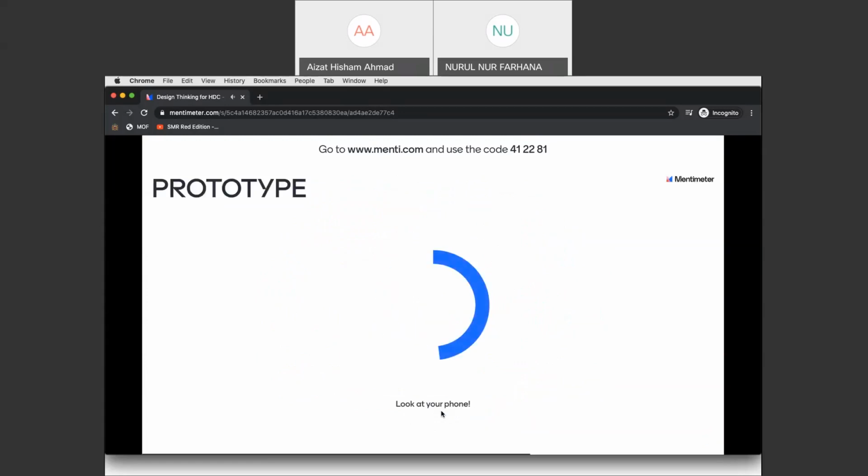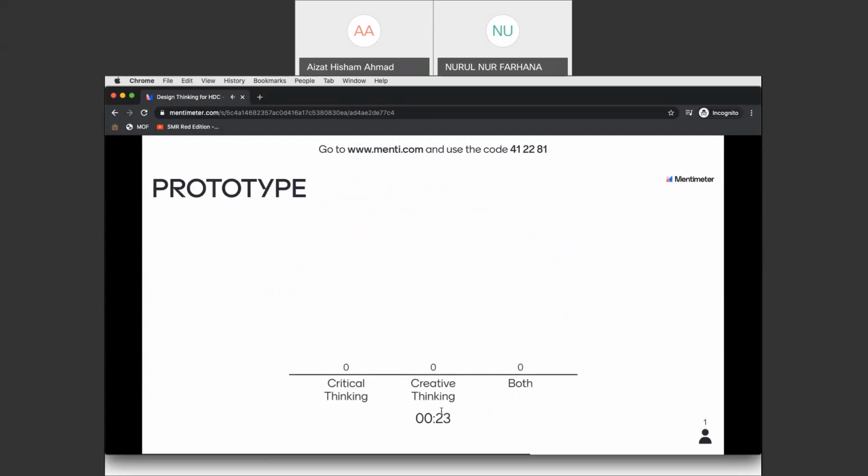All right, prototype. What are the thinking processes involved? There are three choices. It can be critical thinking, it can be creative thinking, or maybe it can be both. I should have put an option none. But anyway, any of the thinking would be involved.